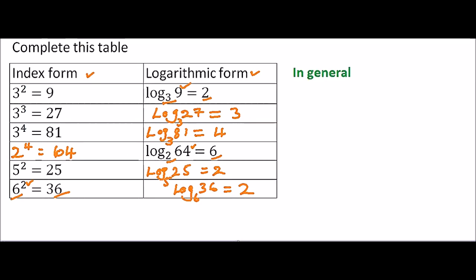In general, we can say from what we have worked out, if we are given a to power m is equal to n, then we can write the logarithmic form of this as the logarithm of n to base a is equal to m.